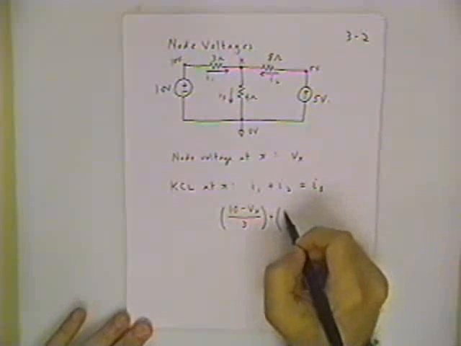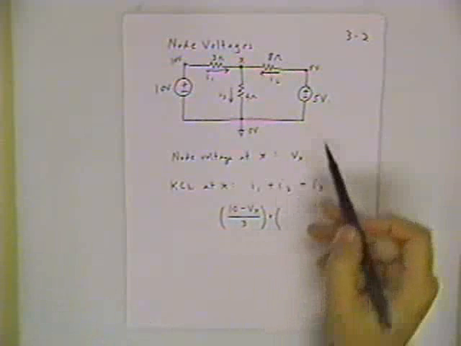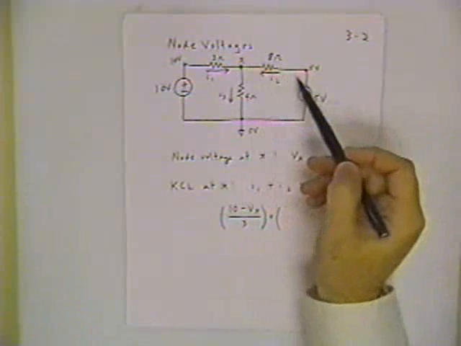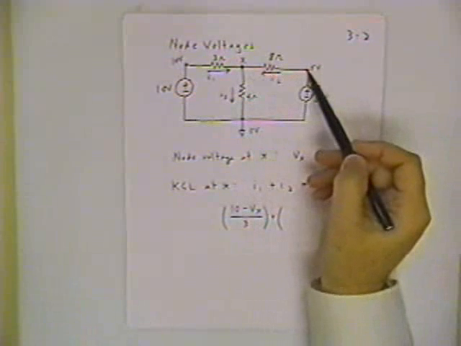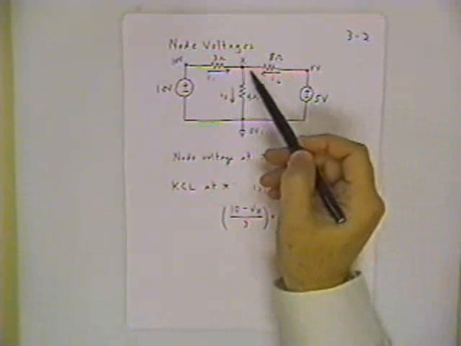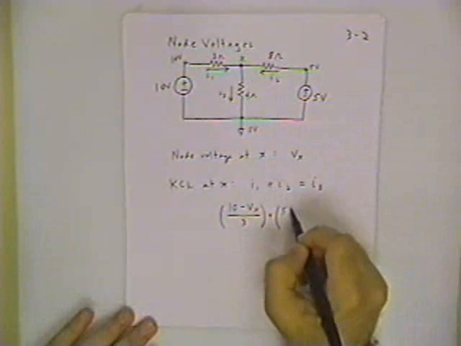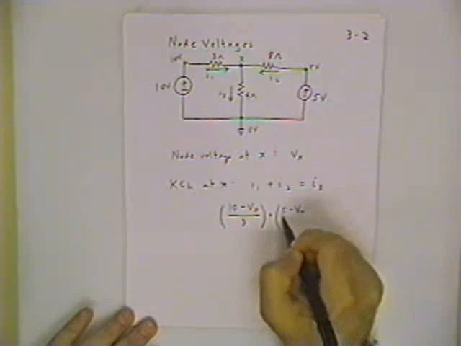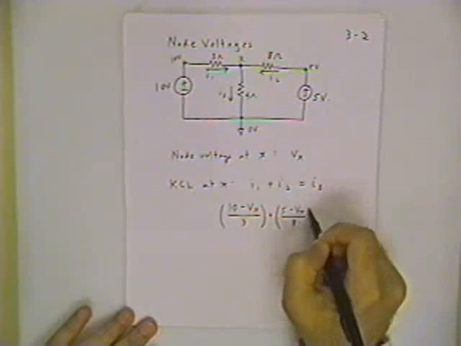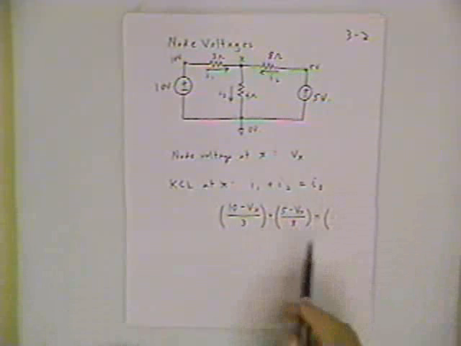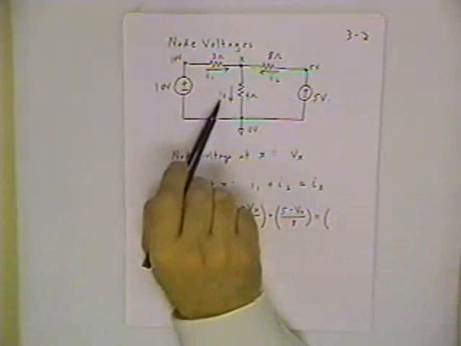Well, what you would write for I2: the current I2 is going from higher to lower potential in this left-hand direction, from 5 volts to V sub X volts through an 8 ohm resistor. And so I would write 5 minus V sub X, divided by 8. And then finally that has to equal the remaining current I3.